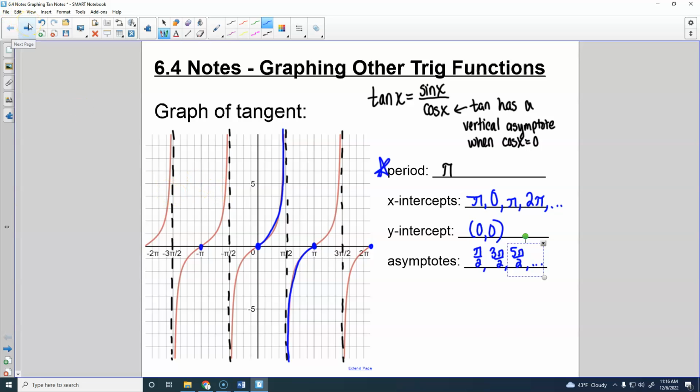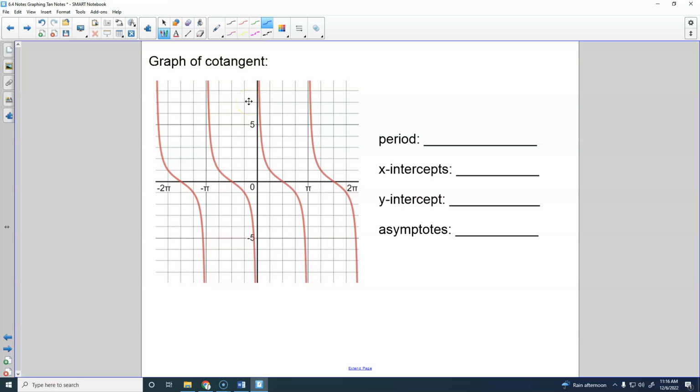If we look at cotangent, it looks almost the same, but our squiggles, instead of going up, they're going down, right? And our vertical asymptotes are in different spots this time. So our vertical asymptotes are no longer where cosine equals 0, because cotangent of x is cosine of x over sine of x.